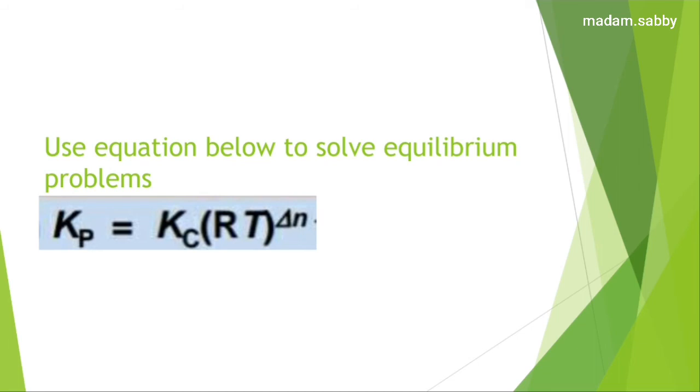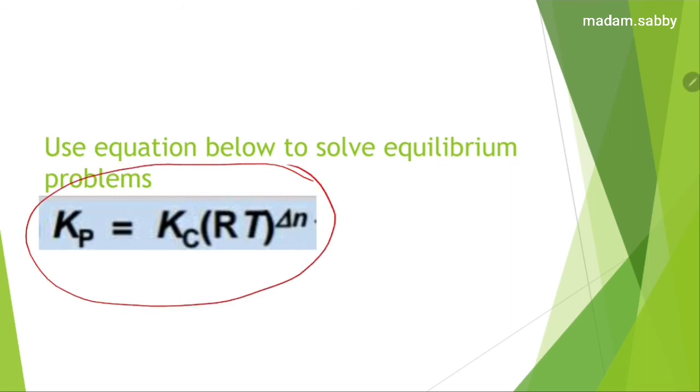I want you to check your lecture notes for a more detailed explanation. We are not going to derive this expression in this lesson video, or else it will be very long. I will just show you how to apply this expression to solve equilibrium problems.